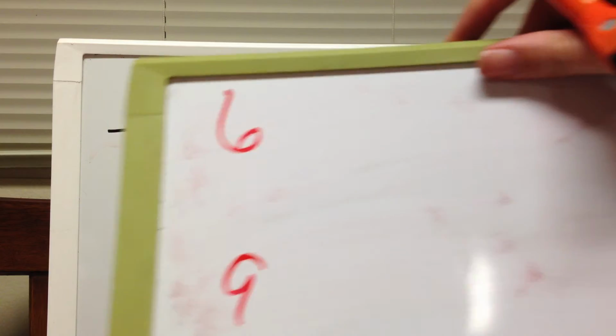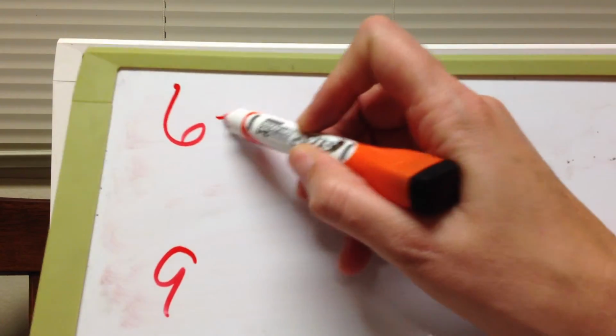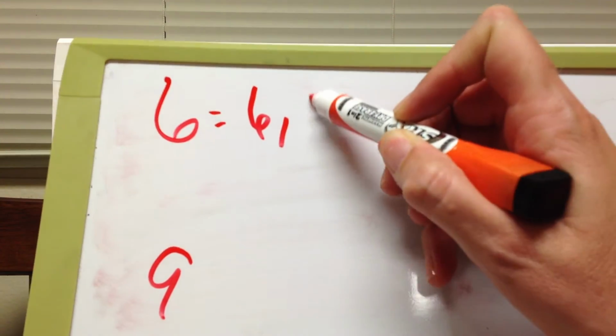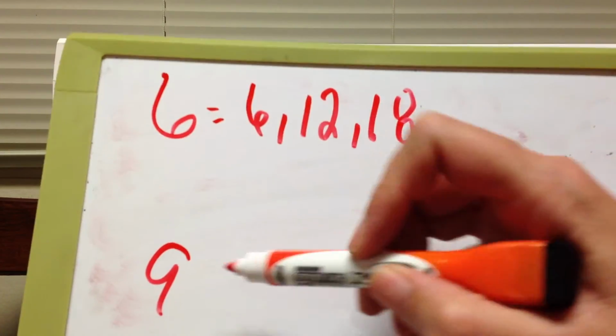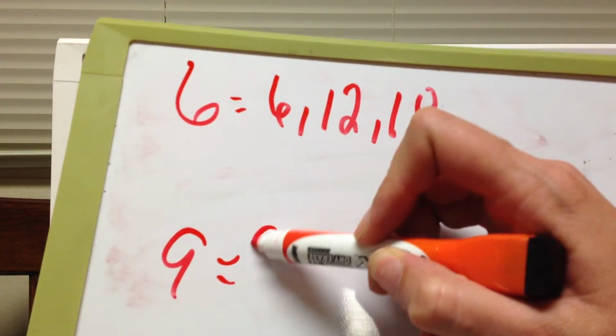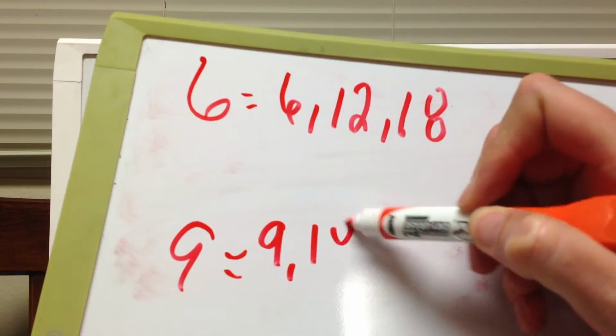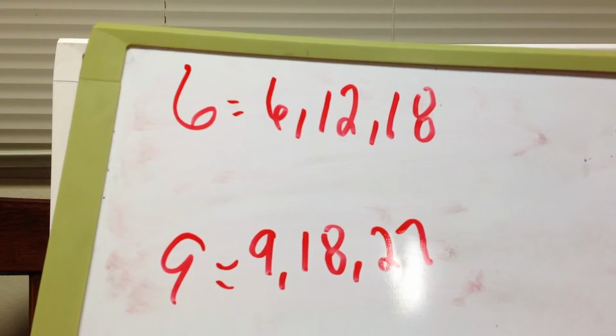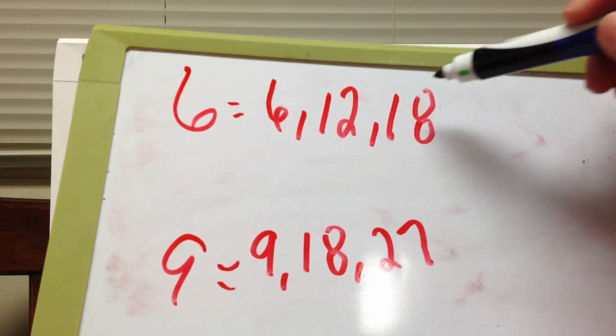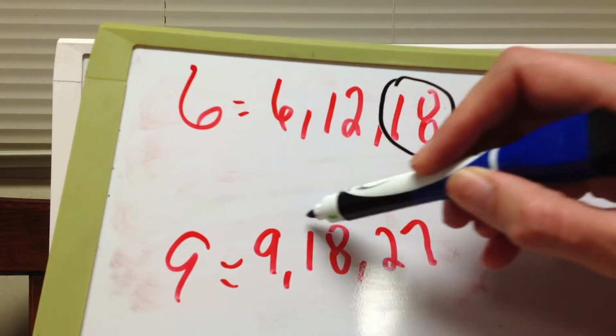So we'll start with the multiples of 6, which are 6, 12, 18. And the multiples of 9 are 9, 18, 27. So we see that our least common multiple here is going to be 18.